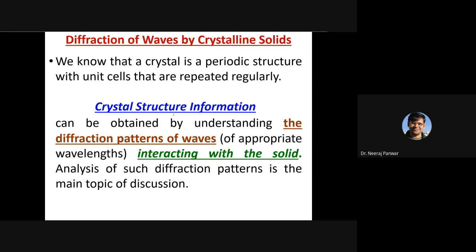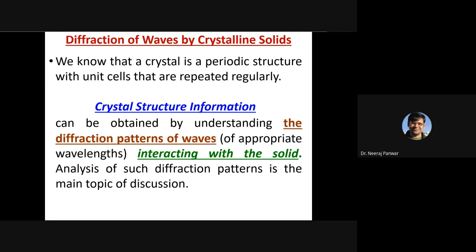So crystal structure information about any crystal can be obtained by understanding the diffraction patterns of waves, and the waves should be of appropriate wavelengths. That is very important, and we are going to see why. We cannot use any wave. For example, we cannot use visible light to study the crystalline structure of solids.